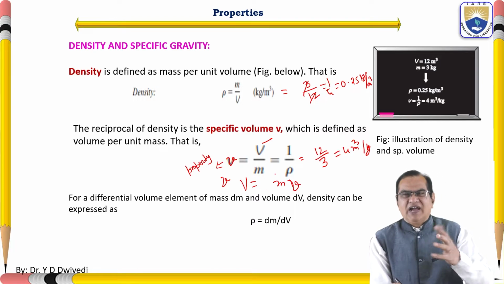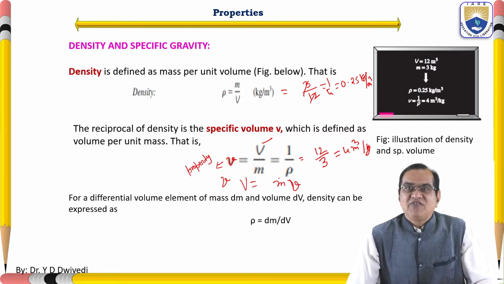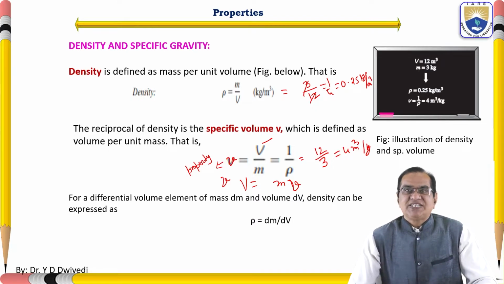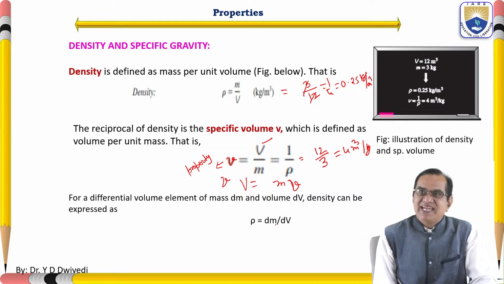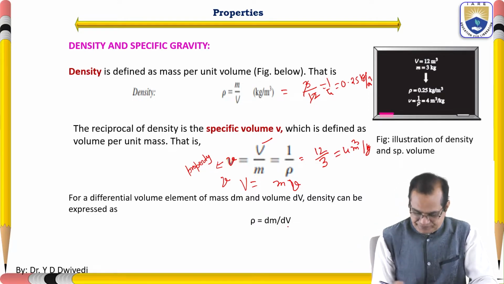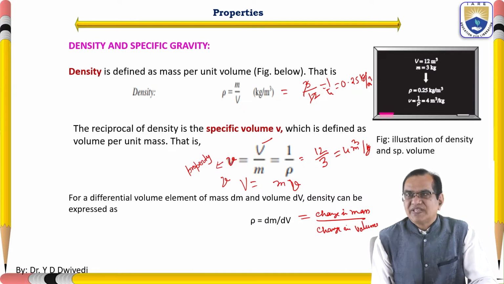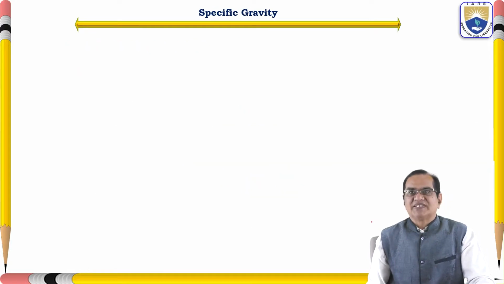So this we can convert. For a differential volume element of mass dm and volume dV, the density rho can be expressed as dm by dV, the change in mass divided by the change in volume. This is the expression for this.